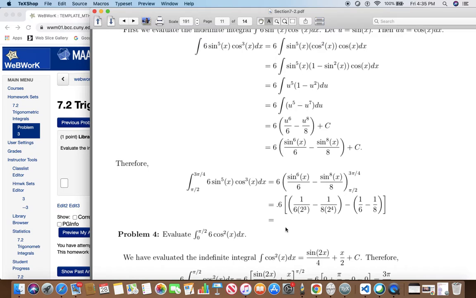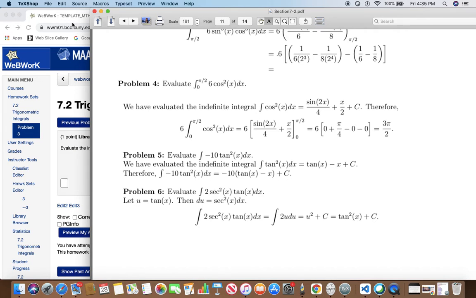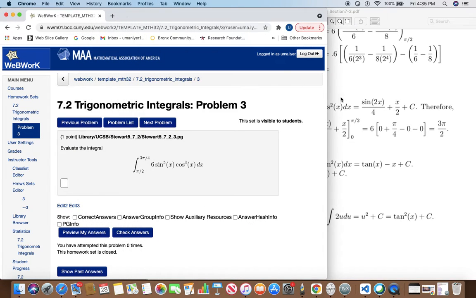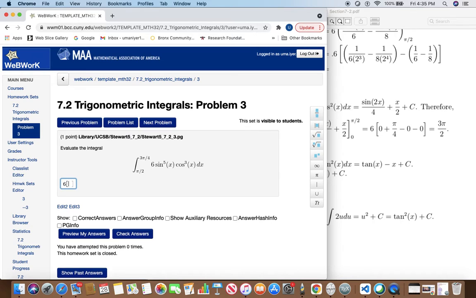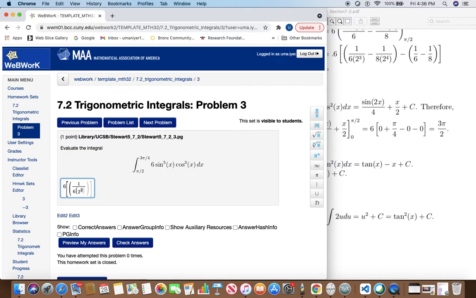So this is a longish expression. You can calculate it. I have left empty space here. Or you can simply substitute in web work as it is. So there is a 6 outside. Let's not forget it. And then a bracket. And then parenthesis, 1 divided by 6, 2 to the 3rd power.